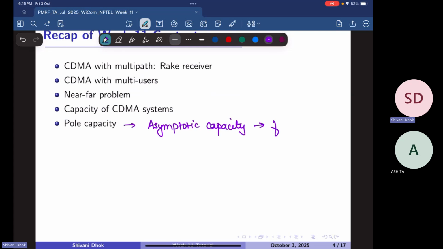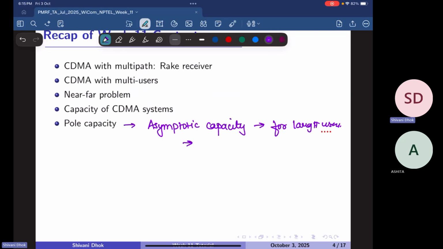That is for a large number of users. And it is asymptotic, and the way we can visualize it is this. When the users are very large, you have a huge load. Because of that, your cell radius shrinks, and therefore all the users start being located near the base station.